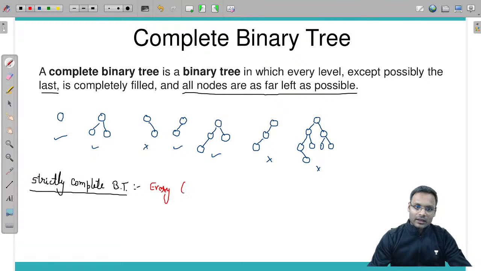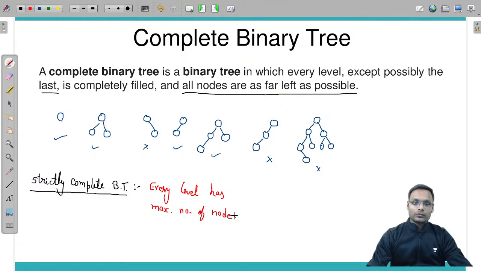Every level has the maximum number of nodes, even the last level also.